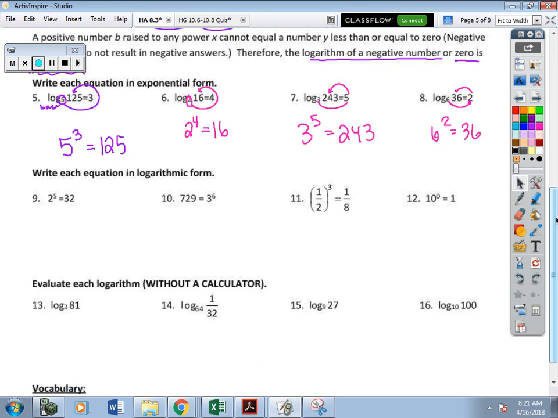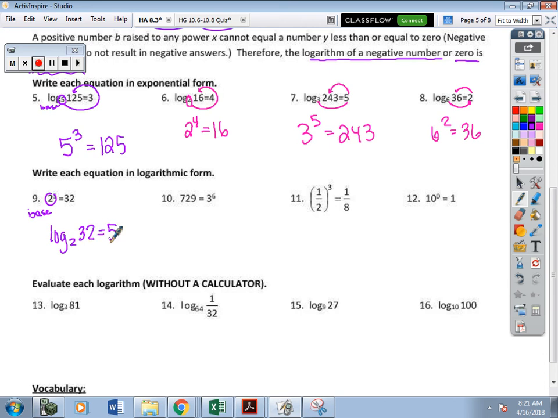Next set of 4 examples ask us to go from exponential back to logarithmic. So again, remember that the base stays the base. So this will be log base 2. You will switch the numbers around though. So it's not log base 2 of 5, it's log base 2 of 32 equals 5.